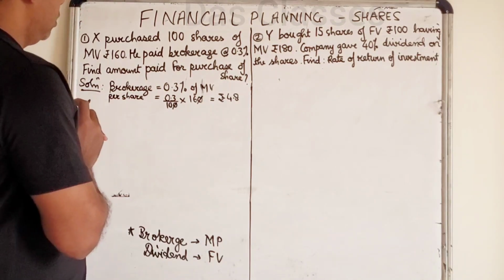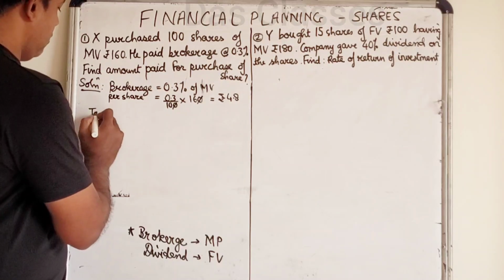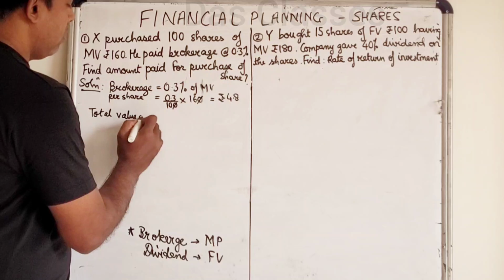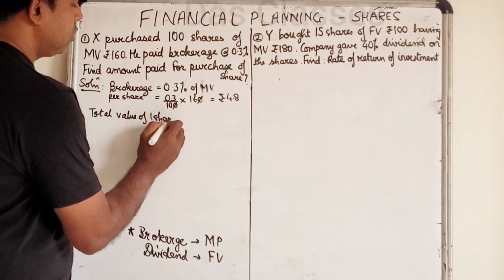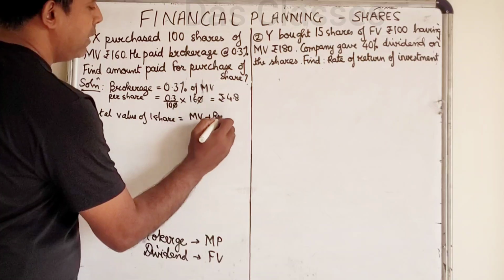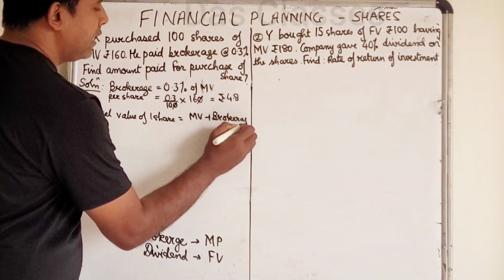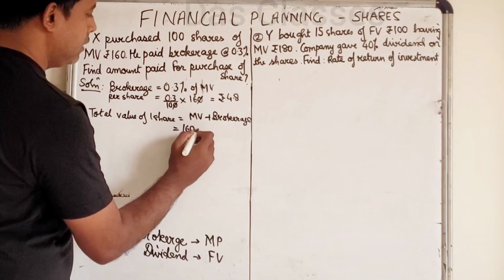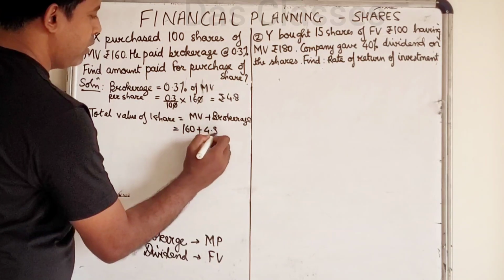So the total value of one share is going to be the market value plus the brokerage that he has to pay. So market value is 160 plus brokerage 4.8.